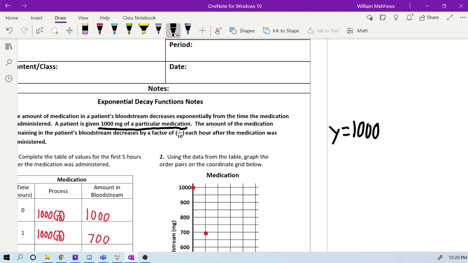For an exponential function, we would multiply by the factor that it is decreasing or decaying or growing by, which in this case was 7/10 for each hour.